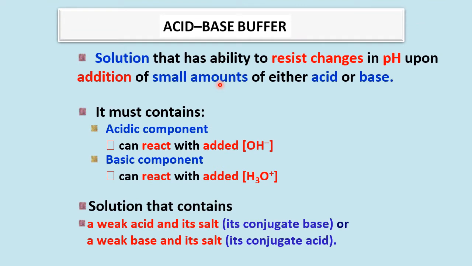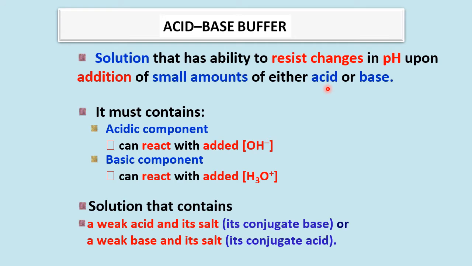Buffer solution. A buffer solution is a solution that has the ability to resist changes in pH upon addition of a small amount of either acid or base. As we know, when a strong acid is added, the pH is supposed to decrease, while when a strong base is added, the pH is supposed to increase.